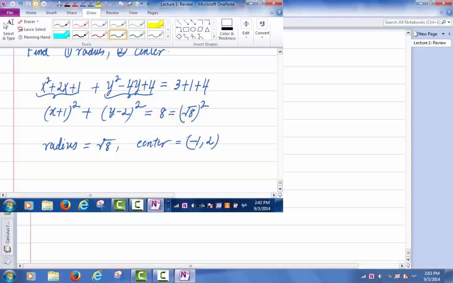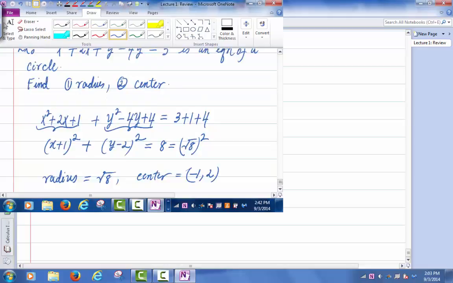Okay. Any questions on that? Yeah. Go ahead. Radius, on the right hand side you have the constant, right? The square root of that is the radius. Right?